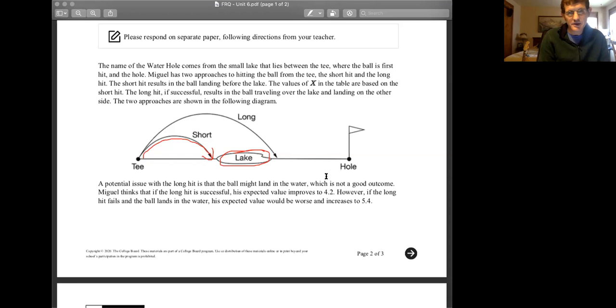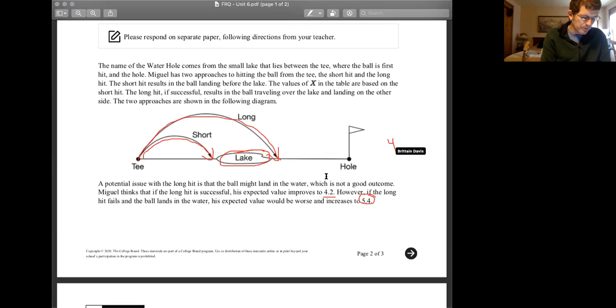But there is another possibility. This is where we add a wrinkle. It says he could attempt a long shot to go over the lake. If he makes it, his expected value improves to 4.2. But if he doesn't make it and it lands in the lake, then it increases to 5.4.